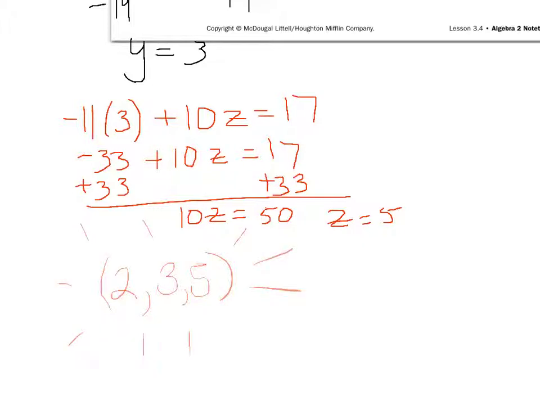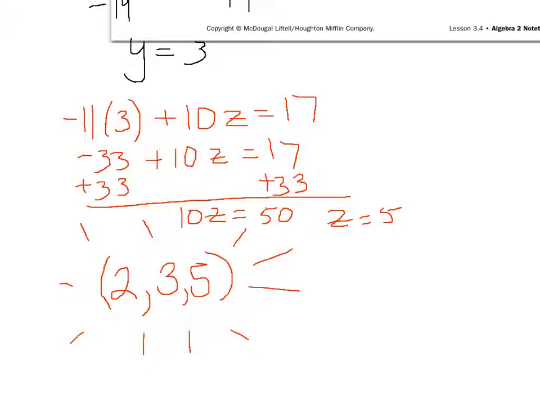Like I said, these are long, and they're not very fun. There's a better way to do it. But you need to know how to do these by hand, just knowledge-wise, so you know what your calculator will do.